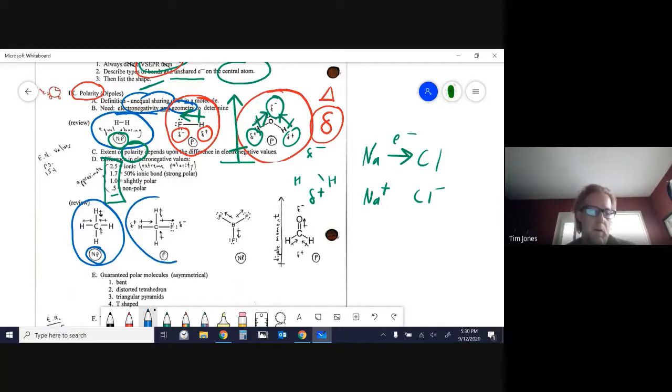Here, CH3F. The down and the up arrows cancel, but the right and the right don't cancel. So the overall arrowness is to the right, meaning the right side is negative and the left side is positive. And since it has poles, it is polar.